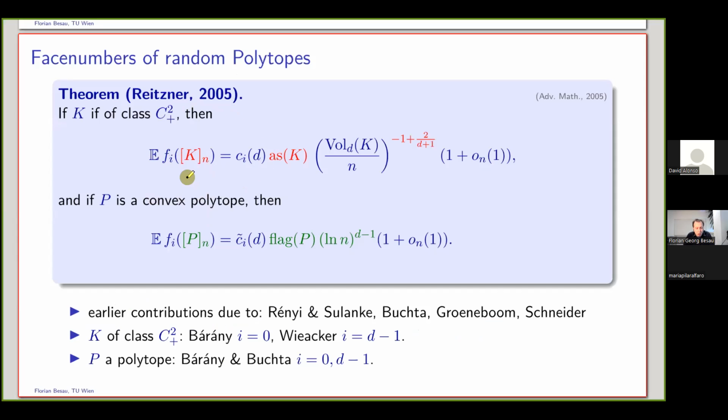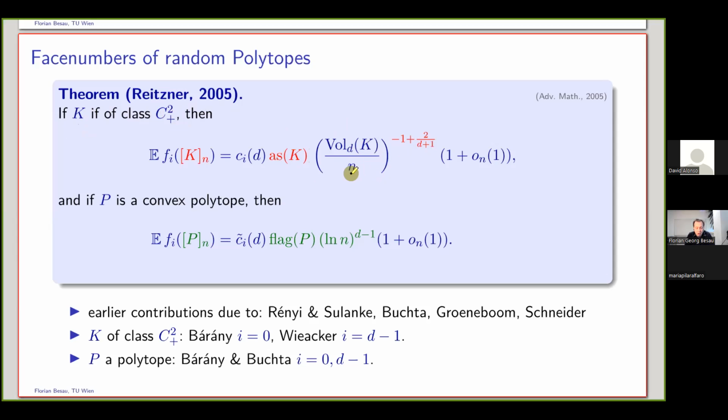And the most complete result, I think, is due to Leitzner again. So if you have a convex body of class C2 plus, the positively curved case, then basically the same rate you have seen in the volume case appears here, with the difference that you have to multiply by n. So you notice here we have 1 over n, and the power here is negative.